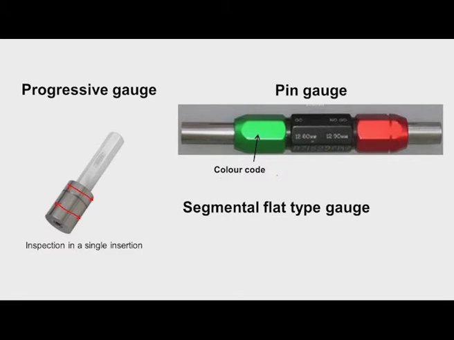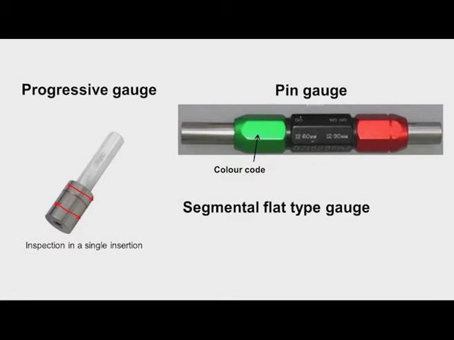And if the hole size is very small, like 2 millimeter, 3 millimeter, 1.5 millimeter, then pin gauges are used. You can see here this is the handle, and a green color is used. This indicates that this portion is go.